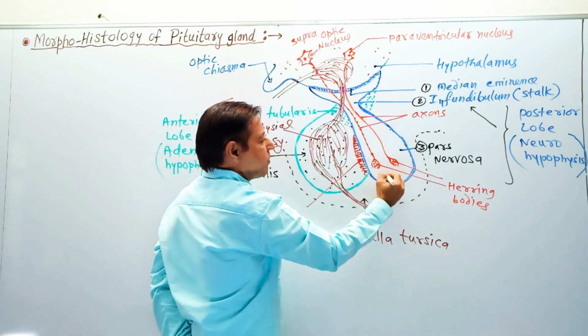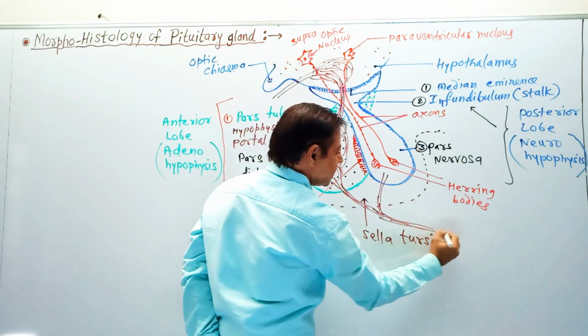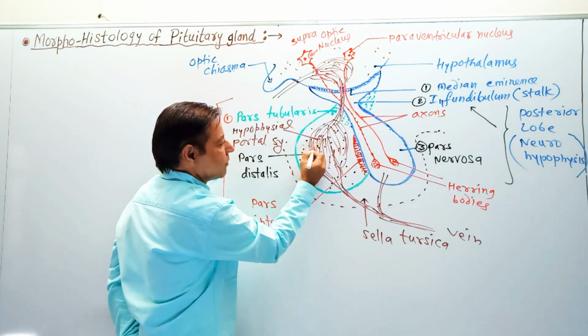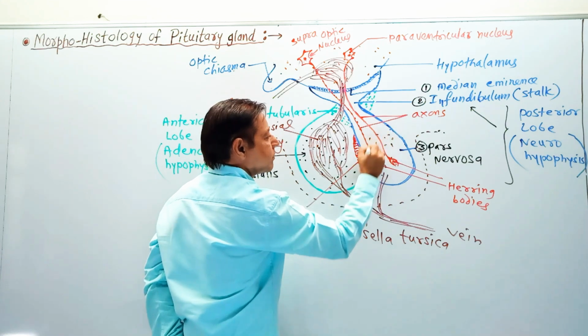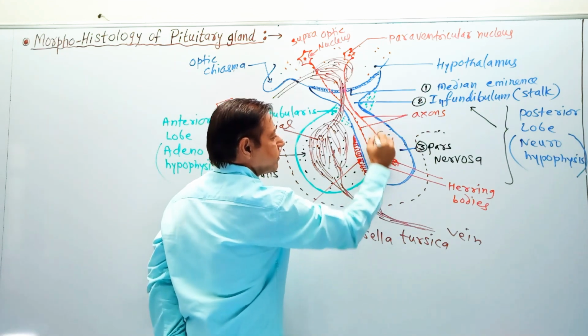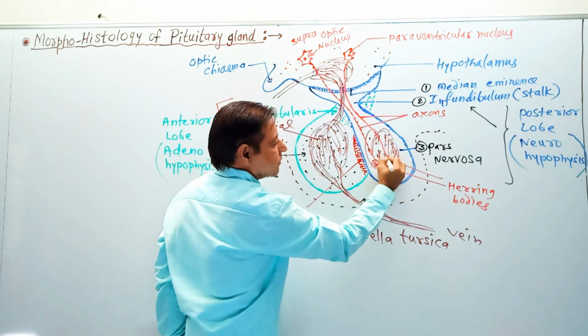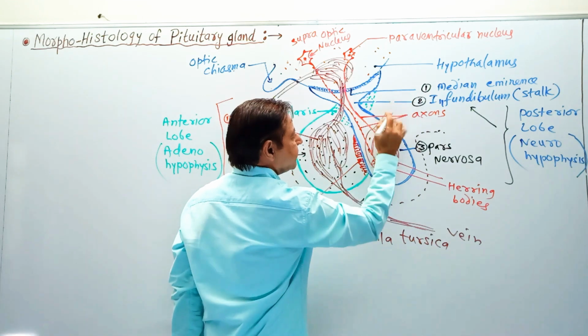In the same manner from the posterior lobe also. And in this way, the vein carries the hormones of the adenohypophysis as well as the hormones of the neurohypophysis.